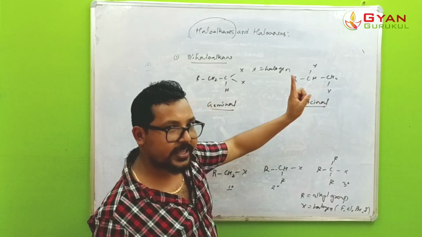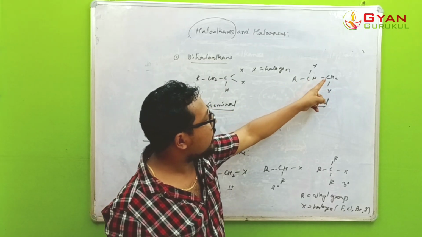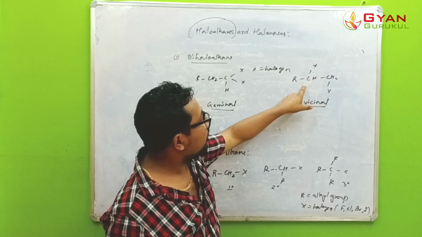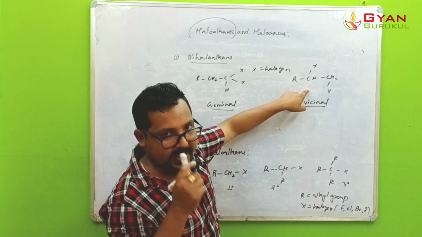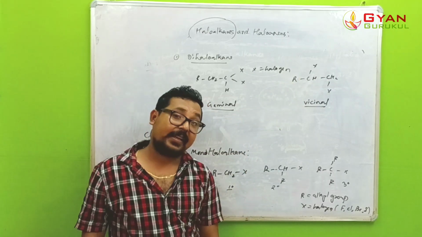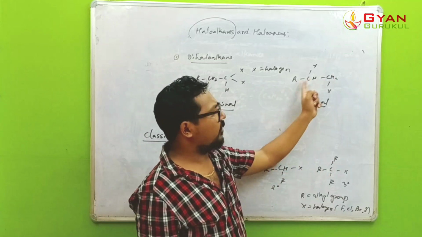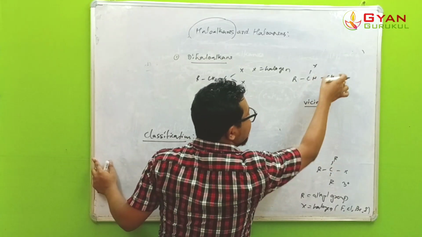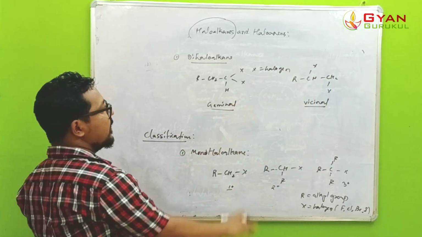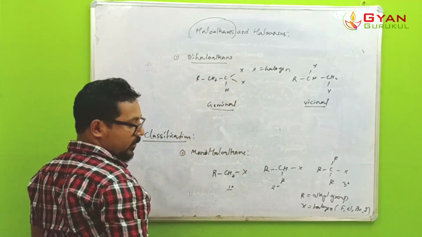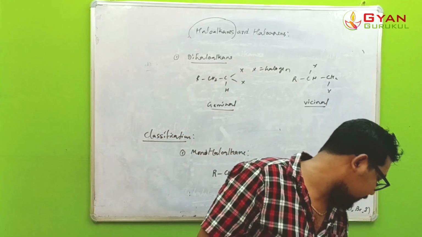If two same halogens are bonded with adjacent carbons of an alkyl halide, it is called vicinal dihalide. Adjacent means next to each other. So if two same halogens are bonded with adjacent carbons, it is called vicinal, and if two same halogens are bonded with the same carbon, that is called geminal.